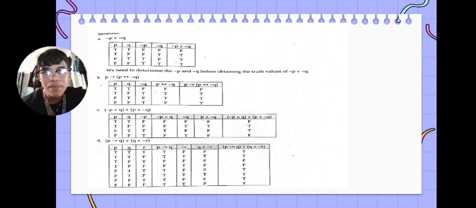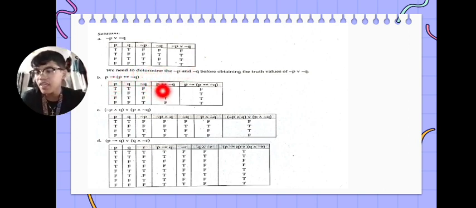Then P and only Q, then the result is false. Based on P and its negation. If P is true, then the negation of Q is false, then P and only negation Q is false.